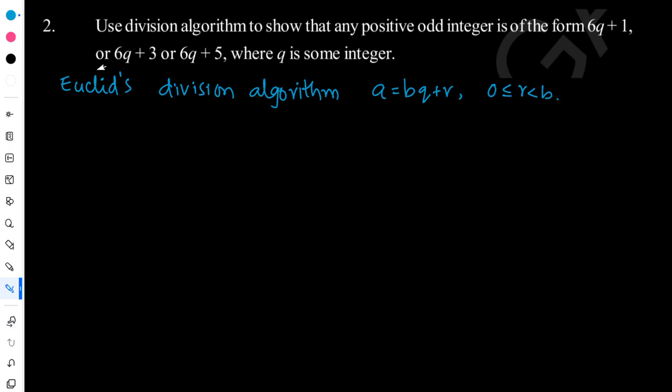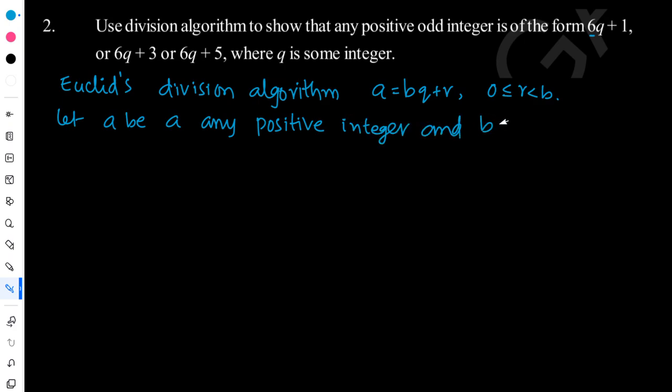So this is important. First compare with 6q plus 1. It is of the bq plus r form. So what is the b value? 6. Here also bq plus r form. So write: let a be any positive integer and b equal to 6.